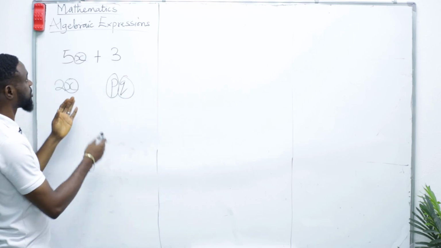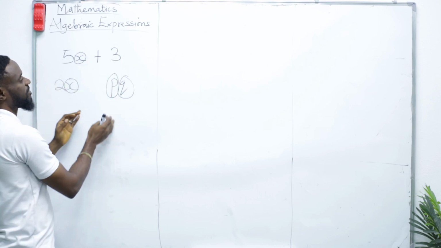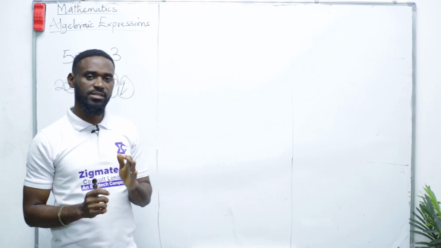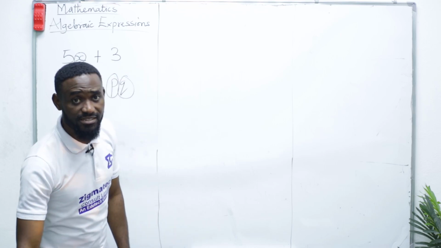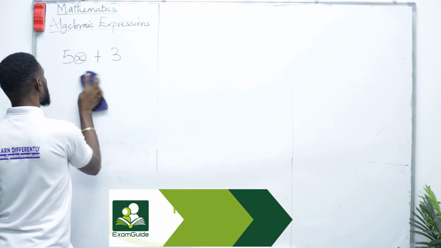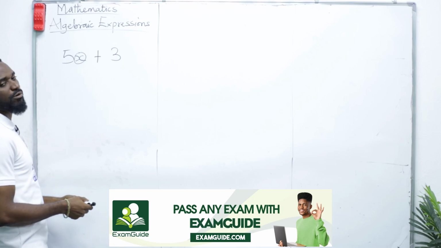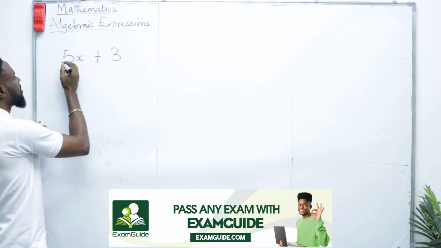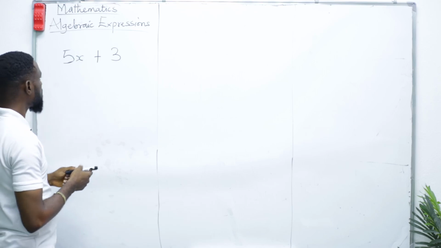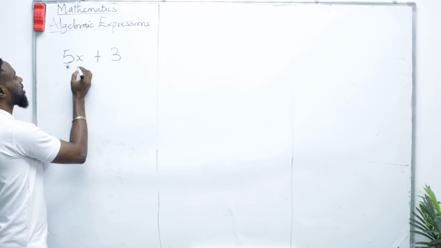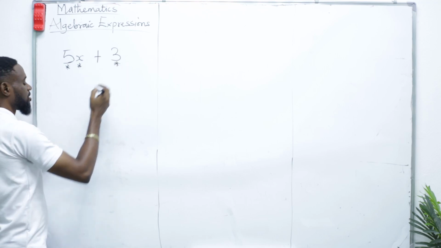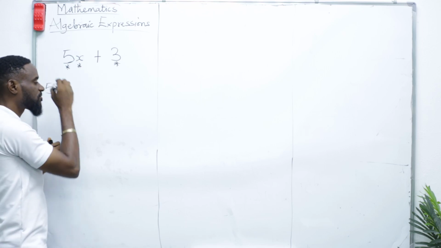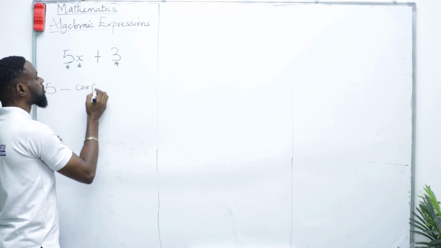These expressions, these terms we have here, there are specific names that they have. For instance, let's look at the first thing I wrote there, the 5x plus 3. You can see that there is something here, and there is something here. Now, the first thing we have here is 5. This 5 is called a coefficient.